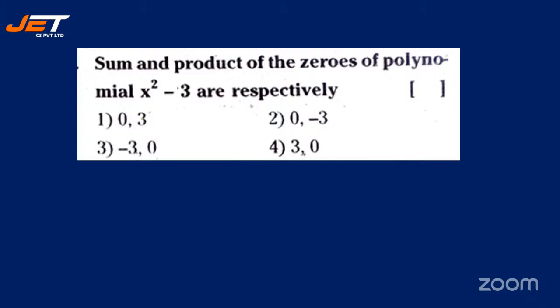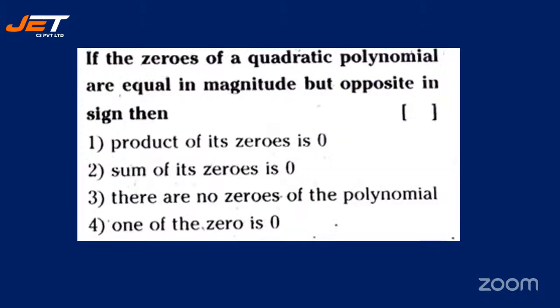So it should be option 2, 0, comma, minus 3. All right. Let's see the next question.